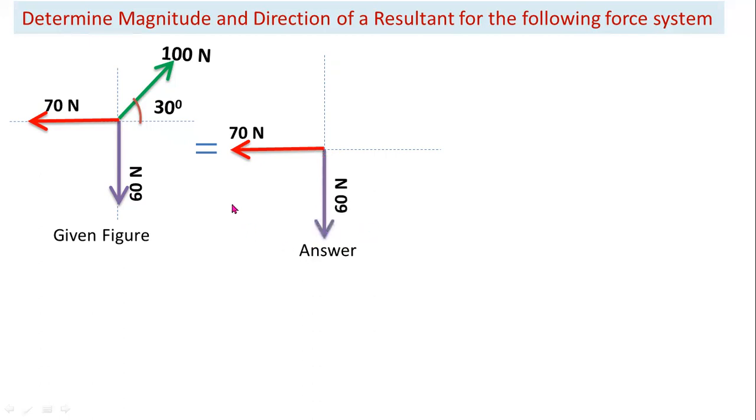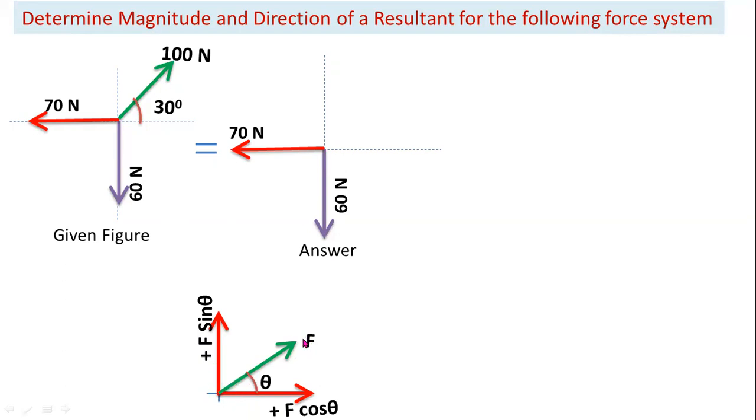Here there is no need to convert these two forces because they lie on the x-axis and y-axis. Now this 100 newtons force lies in the first quadrant like this. Here the force F equals 100 newtons. First you have to resolve this 100 newton force into horizontal force and vertical force.